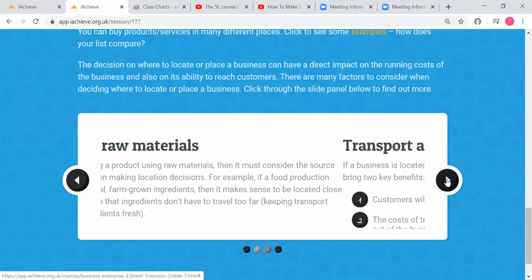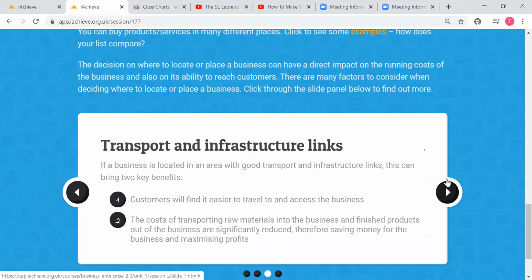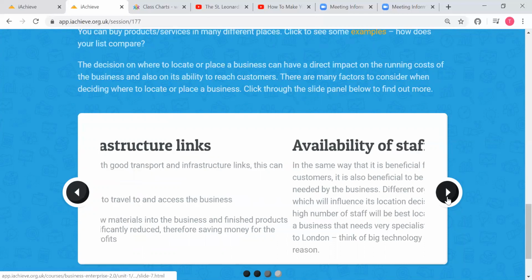Thirdly would be transportation and infrastructure links. Where can you ship your products? How do you get them to your customers? If you're located far away from your customers, then transport and infrastructure, roads, rail lines, planes, ships, all of these are very, very important factors in where you ultimately locate your business.